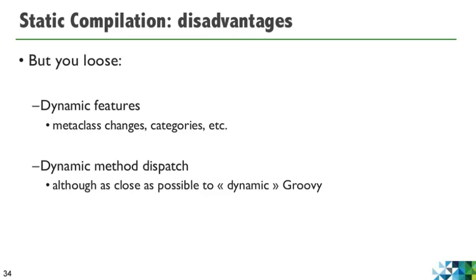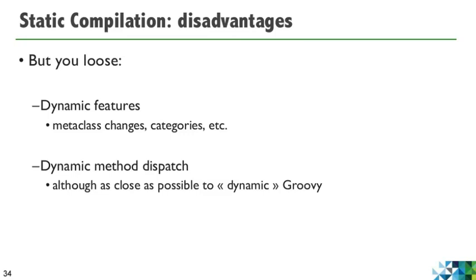Dynamic Groovy usually figures out the method to call at runtime depending on the runtime type of the parameters the method is passed with. And here, since we are generating this bytecode at compilation time, we cannot know at runtime what the type of the parameters will be. So thanks to type inference, we usually know quite well which types are used for the parameters of your methods.